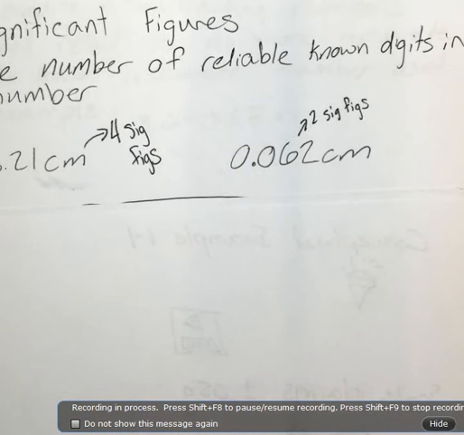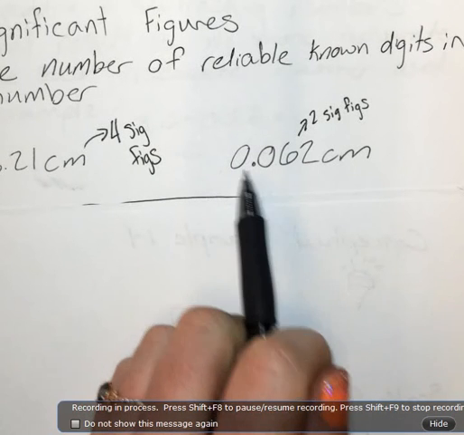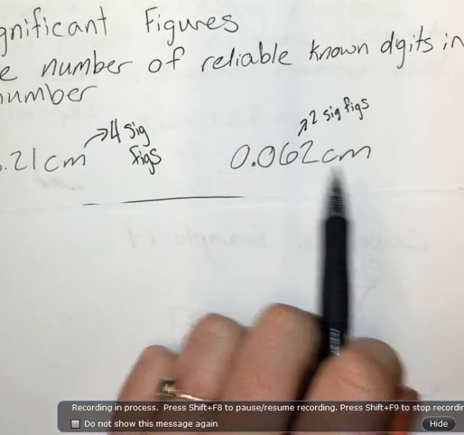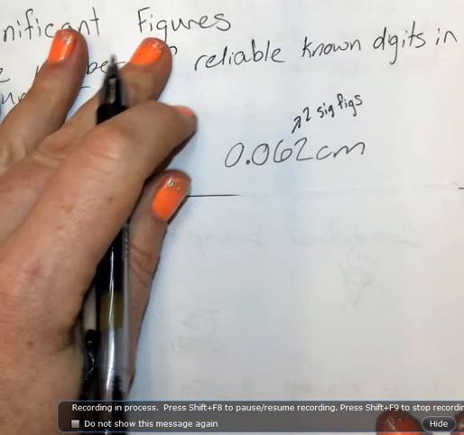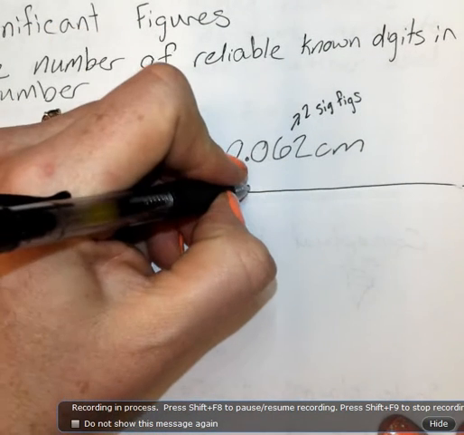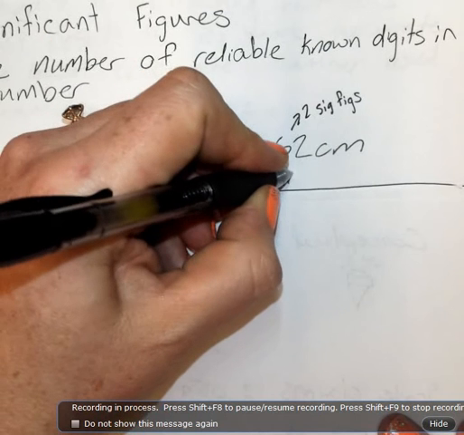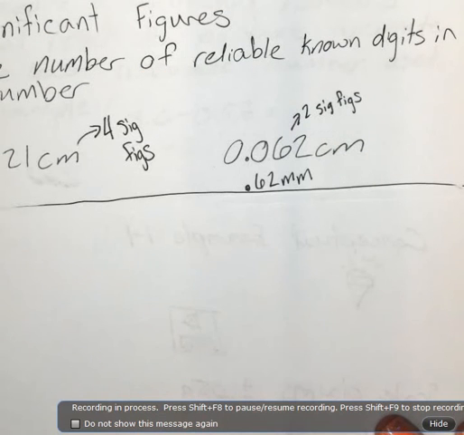That means that they're just placeholders for a decimal. In fact, if I have 0.062 centimeters, that's the exact same thing as saying 0.62 millimeters. Because there's 10 millimeters in every centimeter, if I have 0.062 centimeters, I have 0.62 of a millimeter.